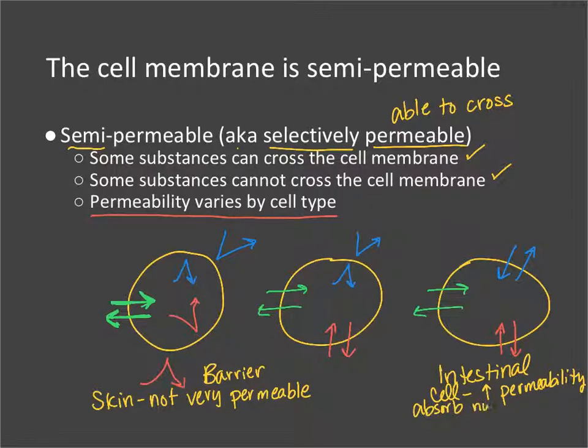So you need to be able to absorb things like glucose and amino acids and proteins and fats, and so there needs to be more of that permeability. So on the one side of the spectrum, you've got the skin, which has very little permeability. On the other side, you've got the intestines, which have a lot of permeability.